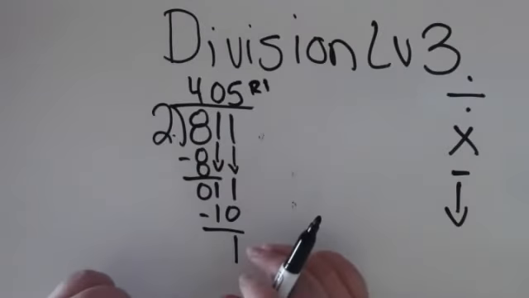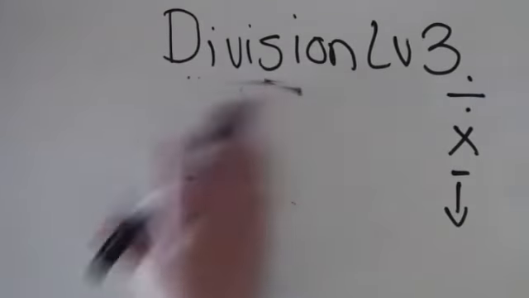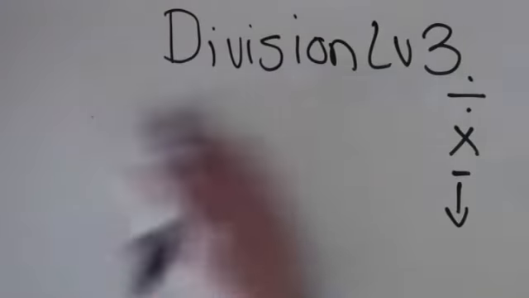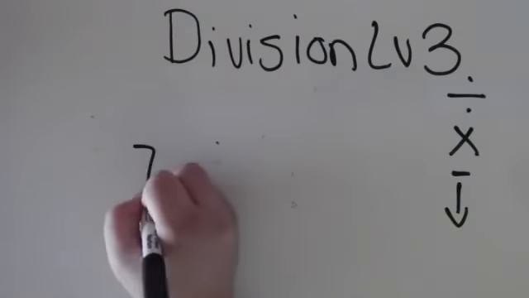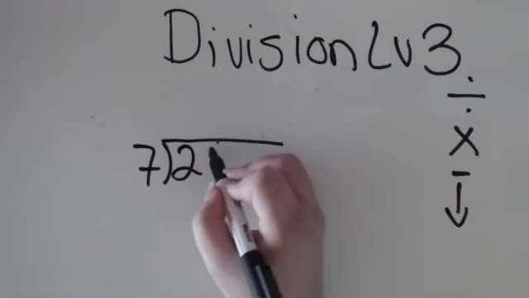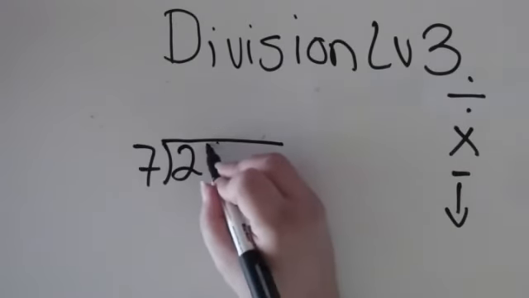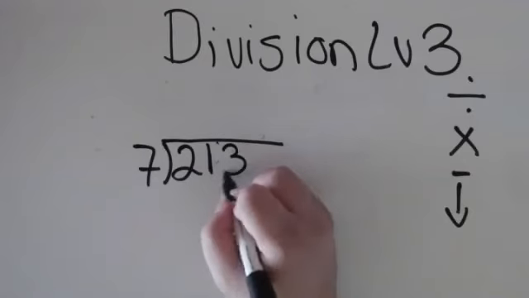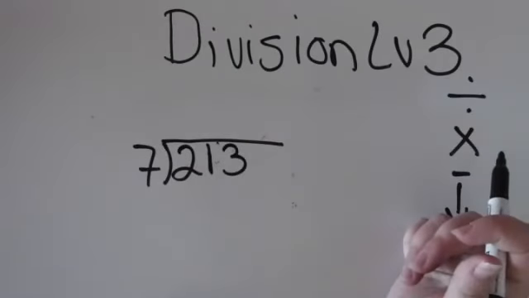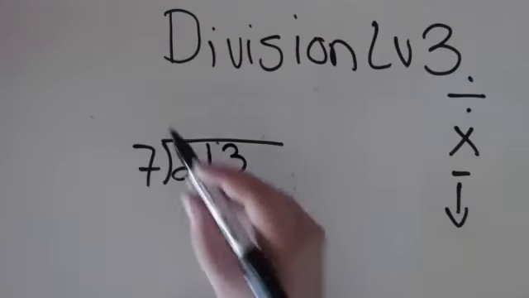The only other case that I would say you need to look at is if we have, let's say, something like 7 dividing 213. Okay, 7 dividing 213. 7 goes into 2 0 times.